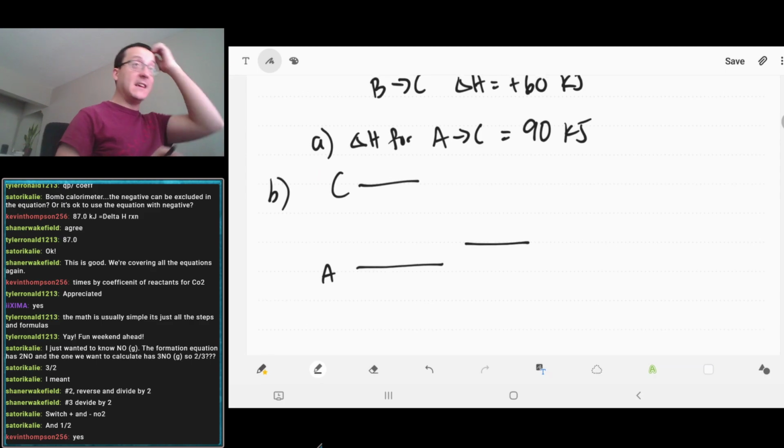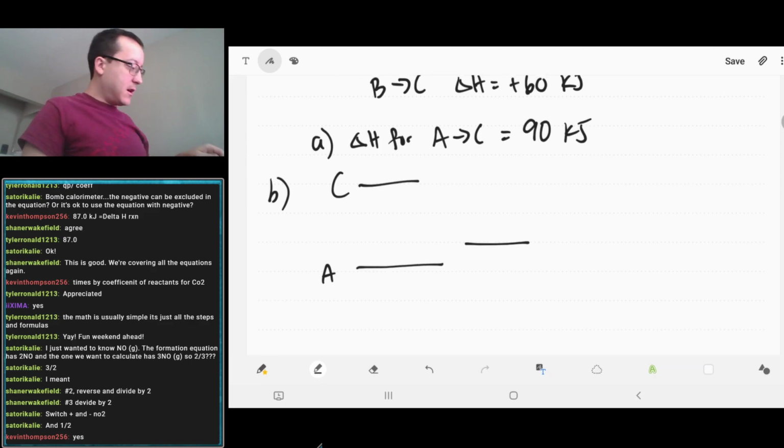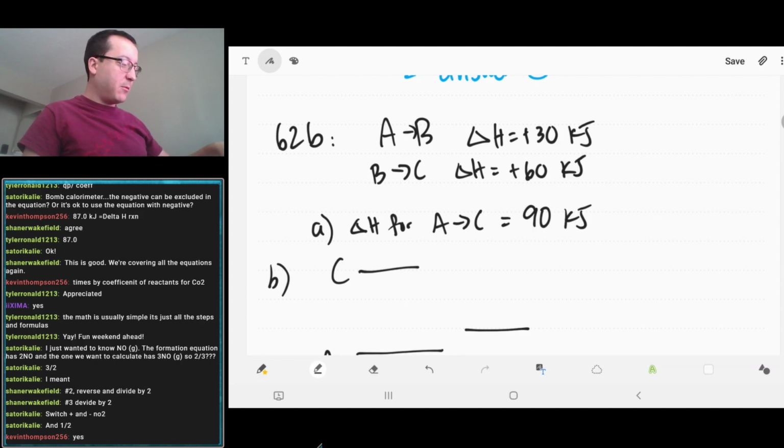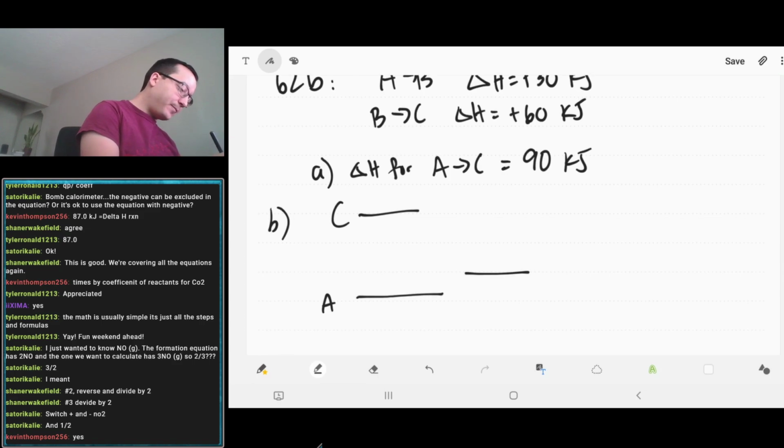We know that C is our highest energy because each time we go in this reaction, going from A to B, we have to put energy in. It's endothermic. To go from B to C, we have to put energy in again, so it's also endothermic. So we know that C has more energy overall than A does. And we see that B is going to be somewhere in the middle, right?